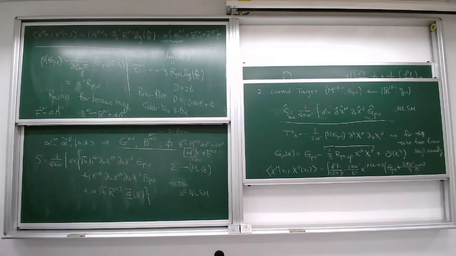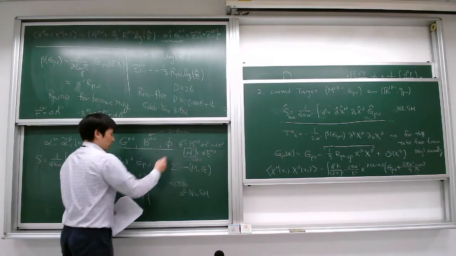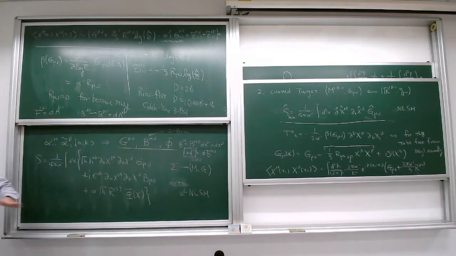That's how this B field behaves in this sigma model. And the phi is just the dilaton. So this phi is a dilaton, a scalar field, and this will play a very important role in string theory. So I will tell you in a minute.